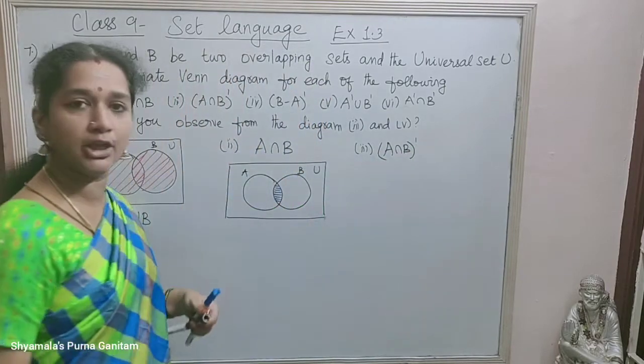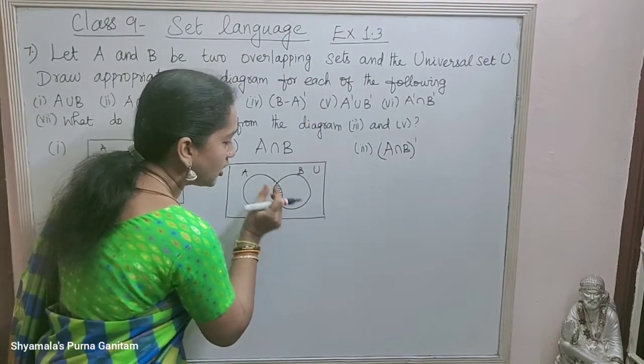A intersection B the whole dash. So what is A intersection B? Only this part.